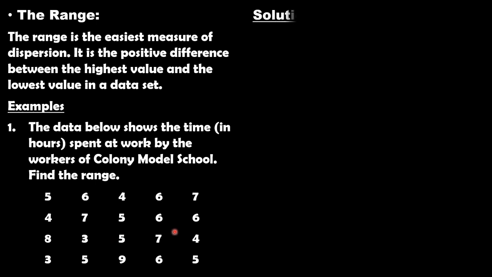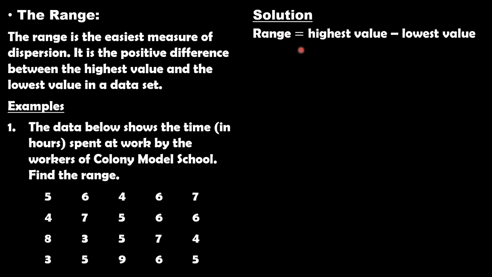Now, here is the solution to the question. The formula for range is range equals highest value minus lowest value. Now, let's come to this data set. What is the highest value here?